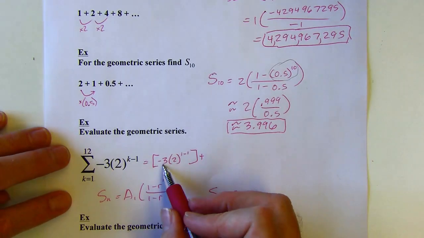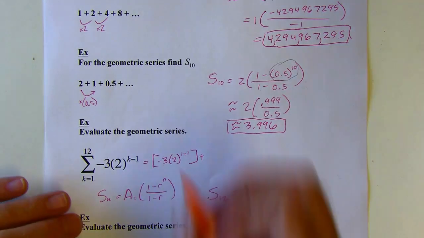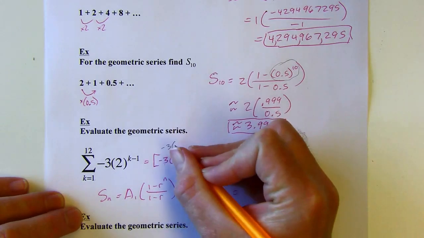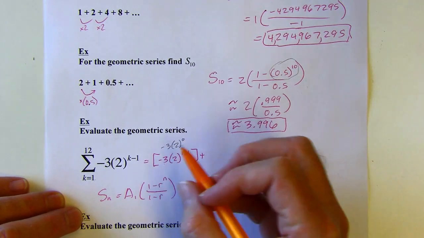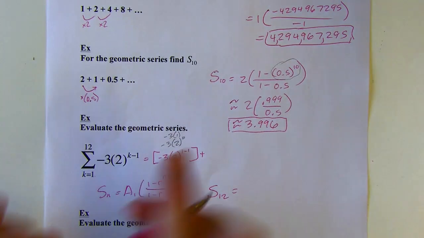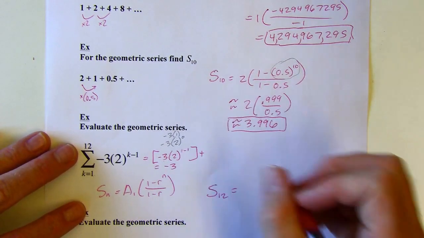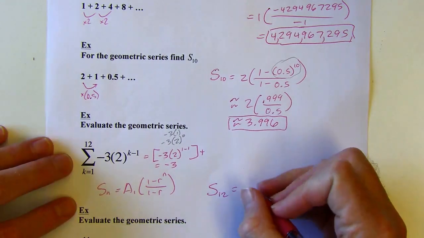That's going to be negative 3 times 2 to the 0th. 2 to the 0th is 1. So this is negative 3 times 1. So that means that this first term is negative 3.